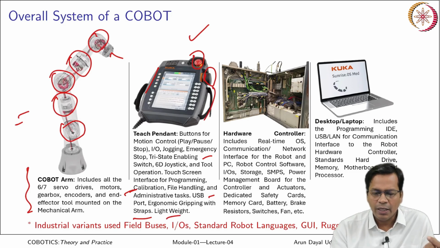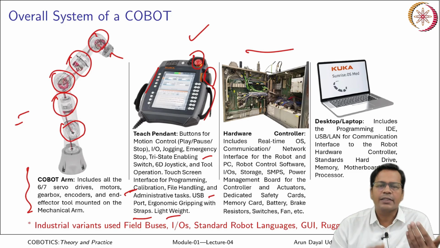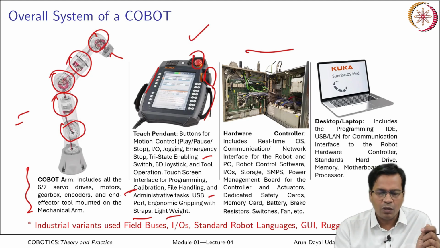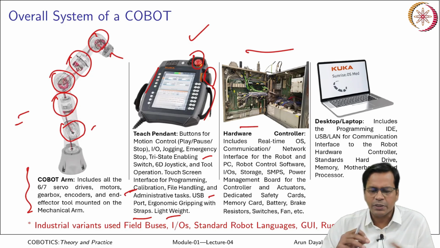Again, the hardware controller has all the controllers for the robot, that is the kinematics, inverse kinematics, everything is here. A kind of impedance controller is here. It is not at the joint. At the joint there is only a local loop for current, torque and position. The rest comes here and it is very much like a PC.